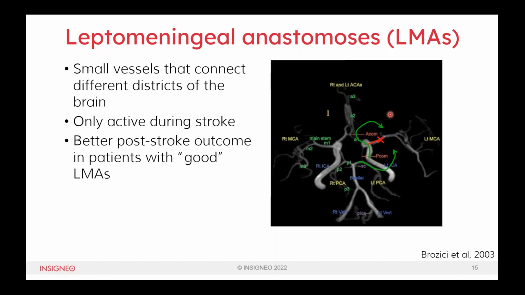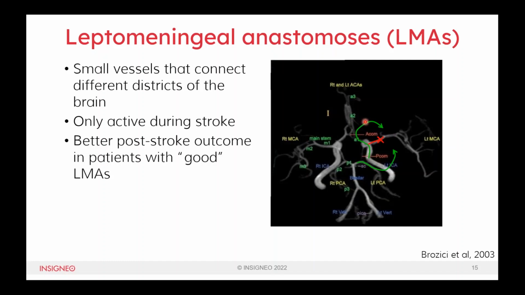So essentially, the leptomeningeal anastomosis buy time for the patient who's suffering from a stroke. And as you can imagine, more extensive networks of leptomeningeal anastomosis provide better alternative perfusion routes. In fact, it's been observed that patients with good leptomeningeal anastomosis tend to recover better after a stroke.